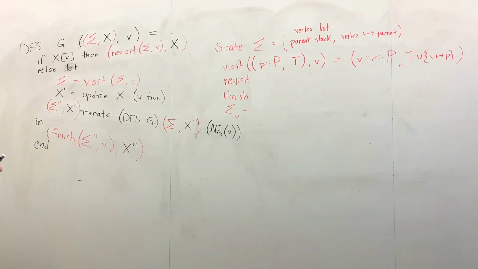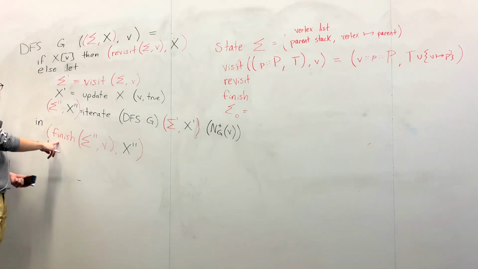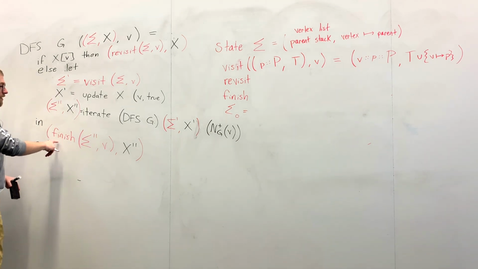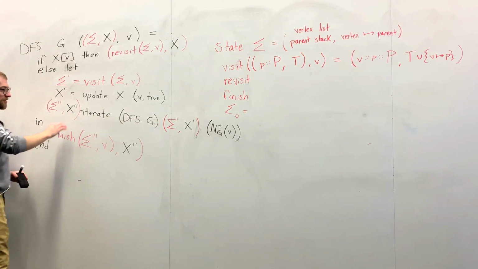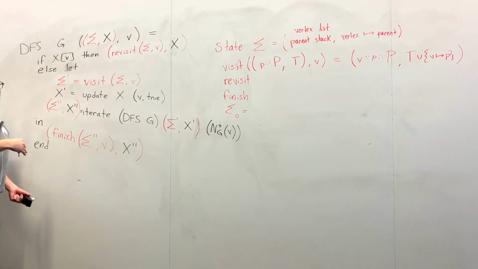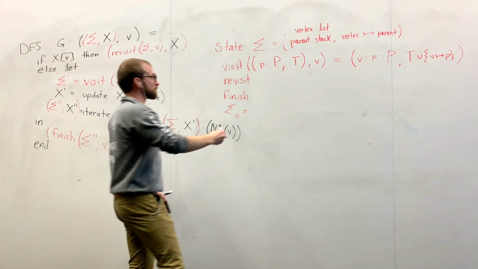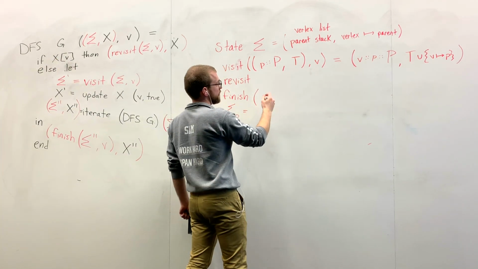OK. So next, it might be useful to look at how we finish a vertex. When we get back through iterating over all of the children, what we need to do is pop from the parent stack.